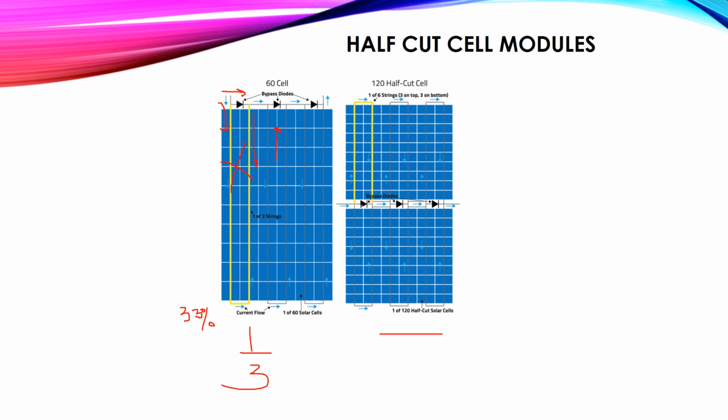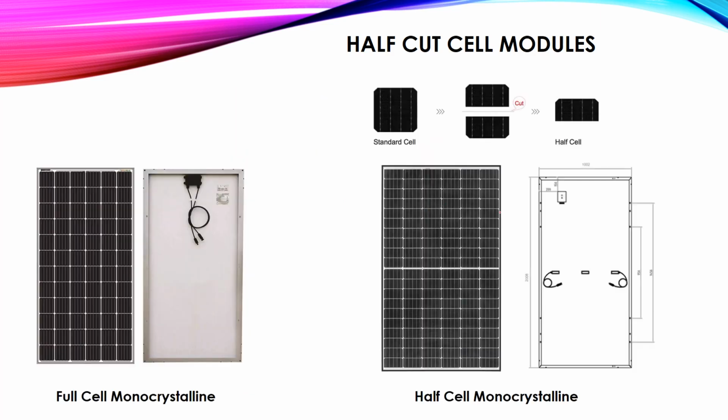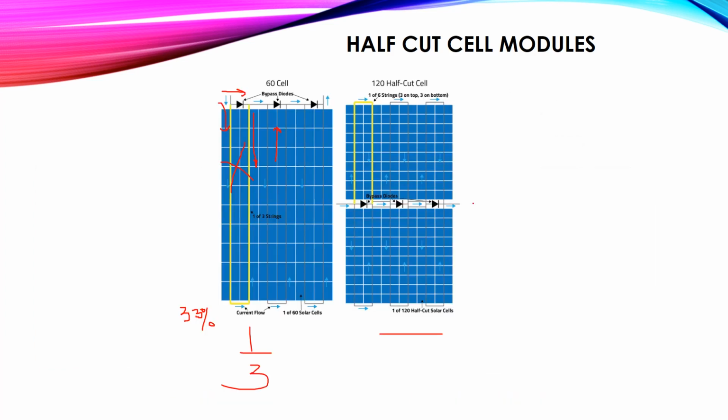Now in this case you will find that the bypass diodes are in the middle of the panel. In the white line, as we saw before in the previous slide, this white line contains the bypass diodes, as you see here. Now you will find that these two half panels are parallel to each other.